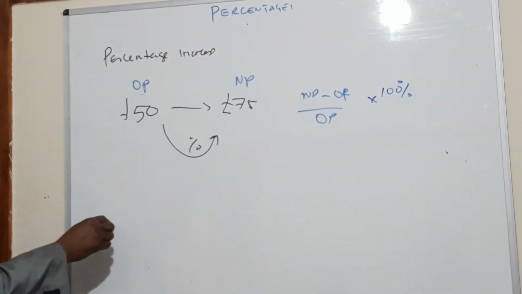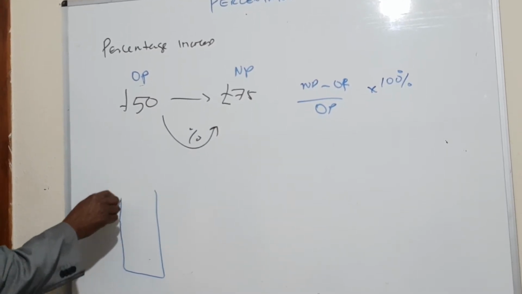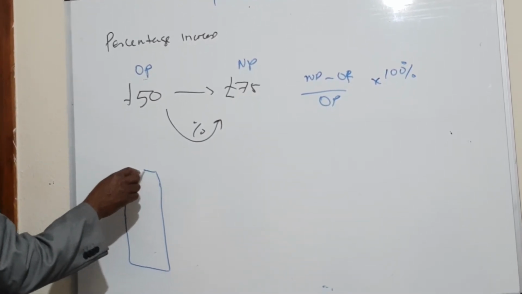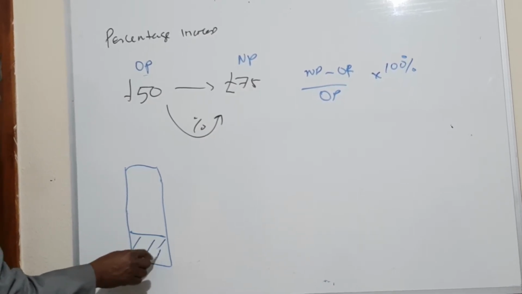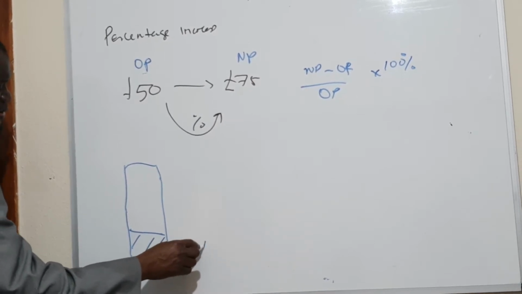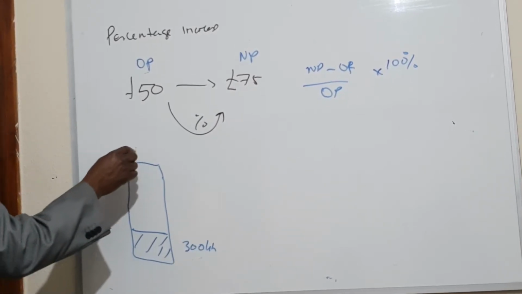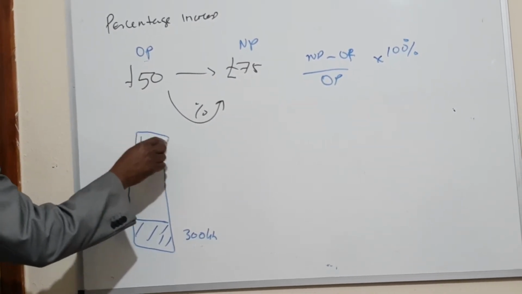Let's say you have a jar. The water level was 300 liters. Now you pour some water in there from a pipe down here.